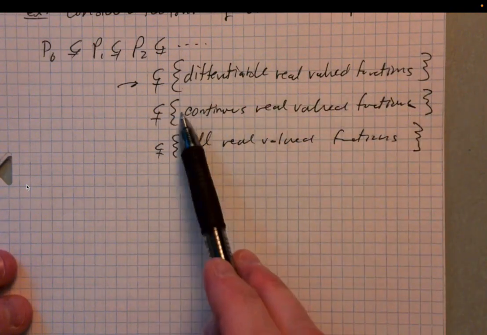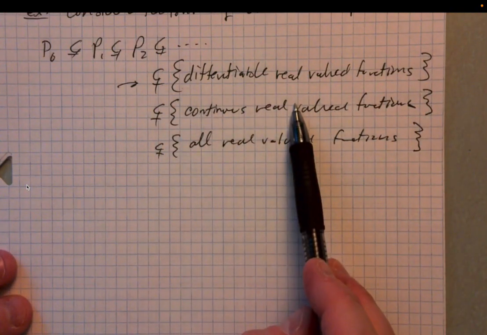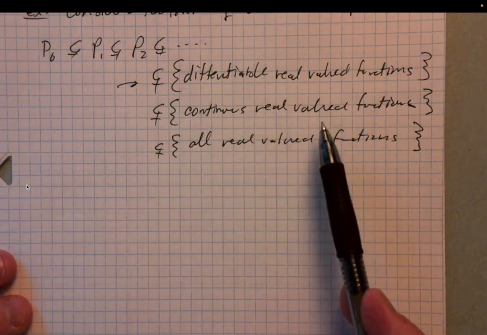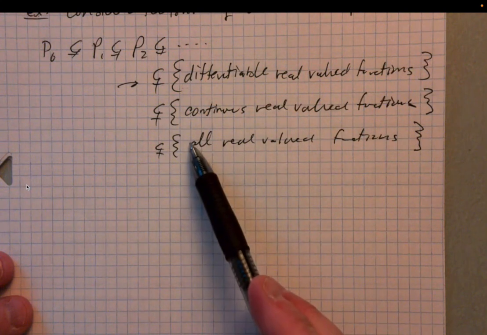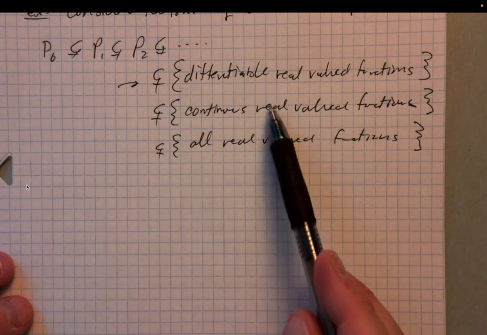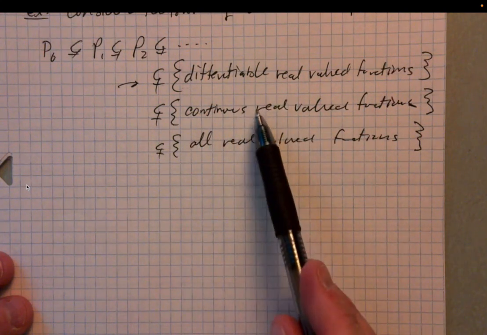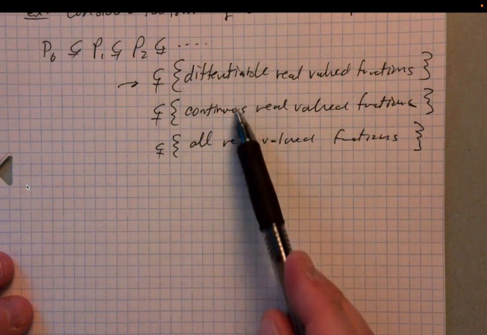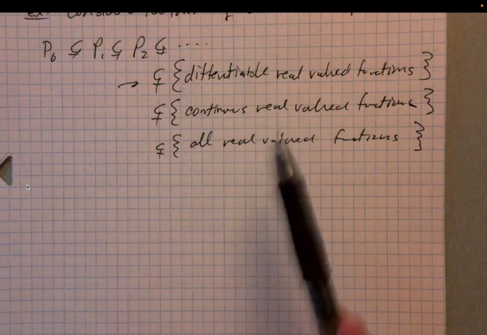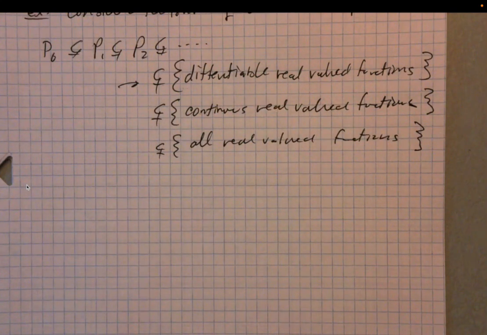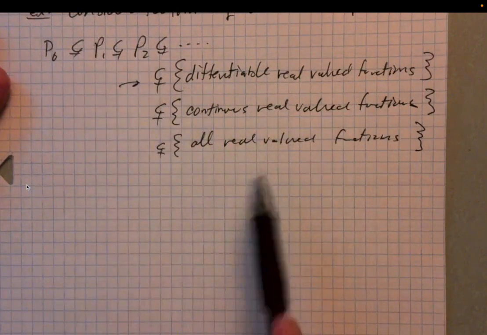When you have two continuous real valued functions and add them together, you get another continuous real valued function. There's no way to get to a function that isn't continuous, starting with two continuous functions and confining yourself to vector addition and scalar multiplication. That's kind of a cool thing to think about.